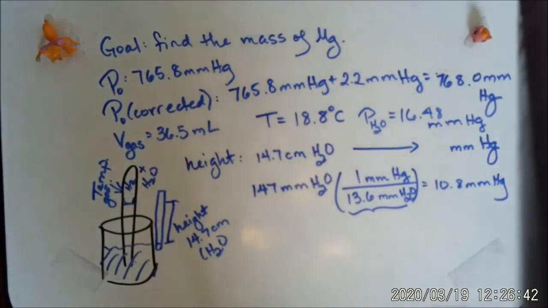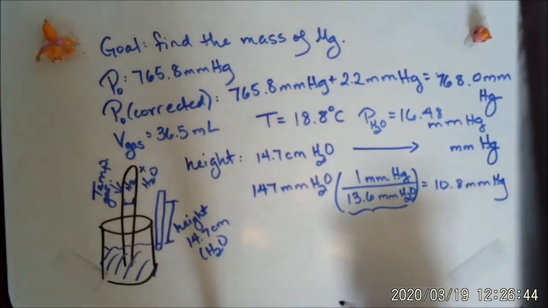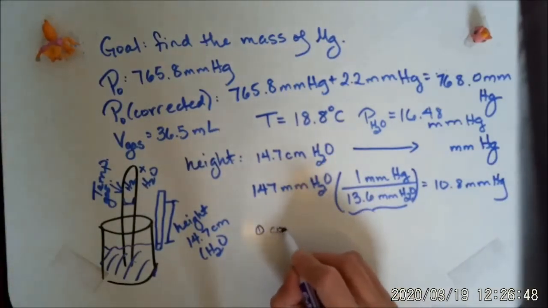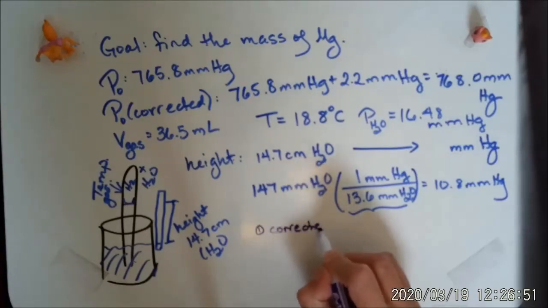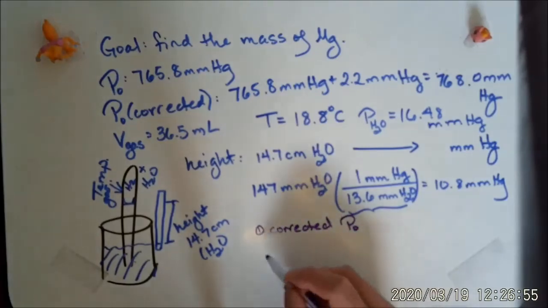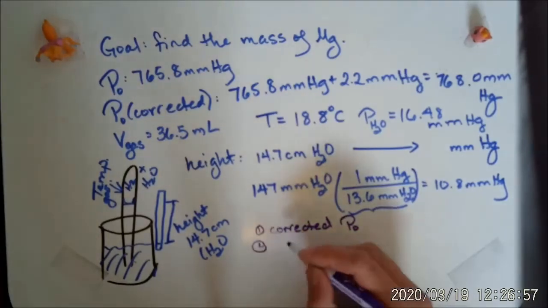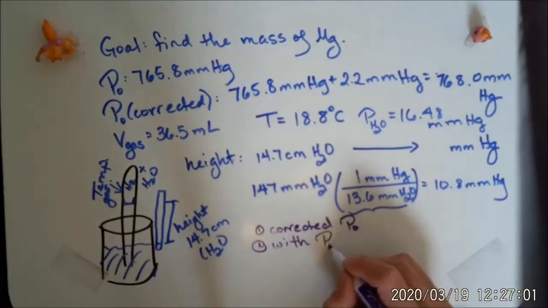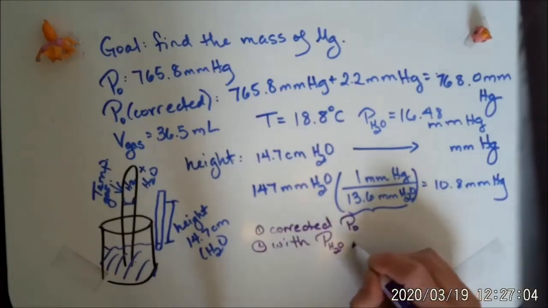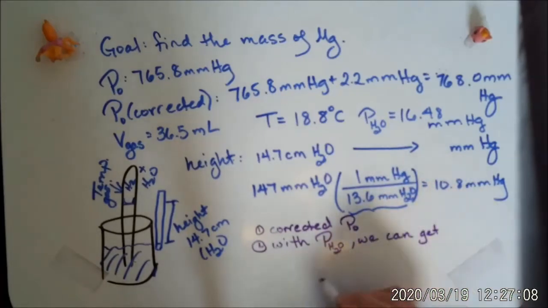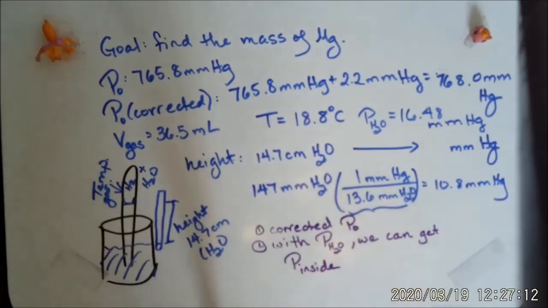Okay, so 1, we needed to get the corrected outside pressure. Okay, that's important. 2, from that, with the pressure, the partial pressure of water, we can get the pressure inside the tube.